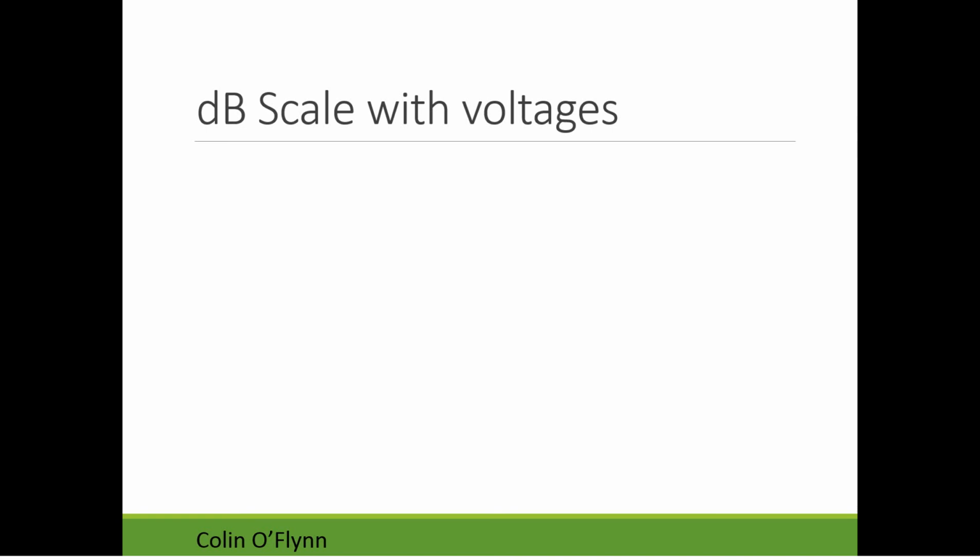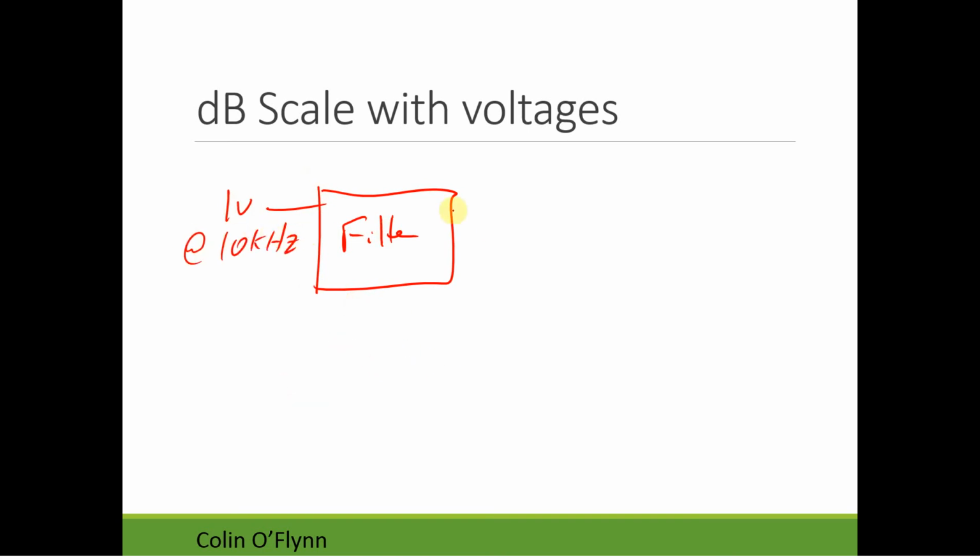If we want to talk about a voltage ratio, say we have this filter we're designing, and I put 1 volt at 10 kilohertz in, and I get 100 millivolts out. It's still at 10 kilohertz out, because I'm trying to figure out the frequency response of this filter.